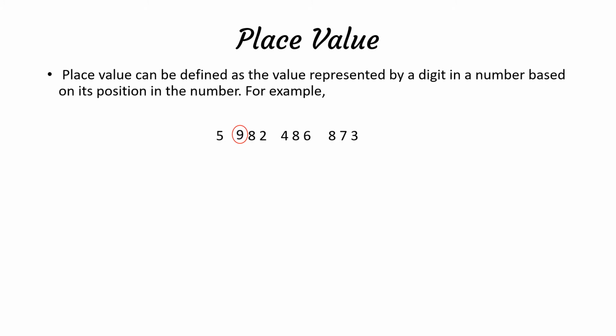So its place value will be 900 million. Okay, so the place value of 9 is written like this, 900 million, and we can also write this in figures like this. And if you write the place value in figures, what you have to do is write the remaining digits as 0. There are 8 digits after the digit 9, so I'll put 8 zeros here but giving the spaces correctly.